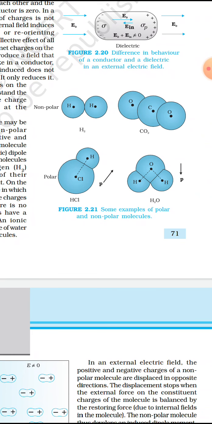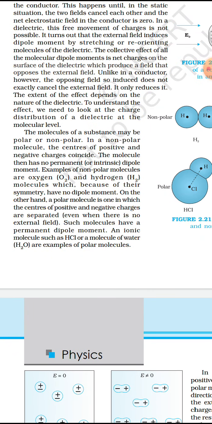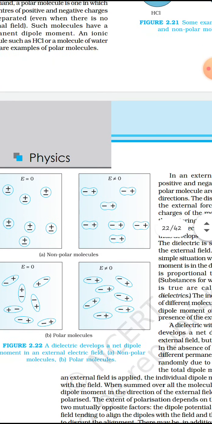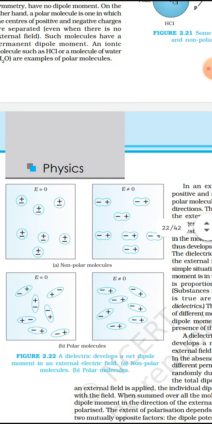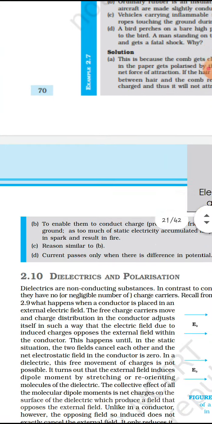However you join, you can join. It should be symmetric and have a dipole moment, and whether the centers of positive or negative charge are separate does not matter, but it should be joined. If it is not joining, it is non-polar. If it is joining, then it is polar.